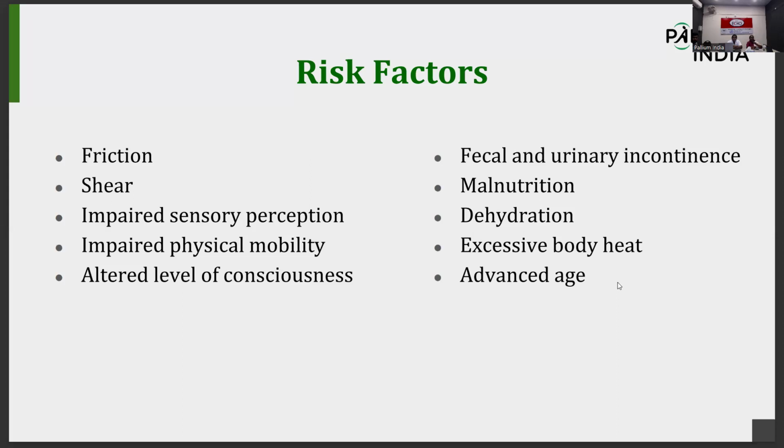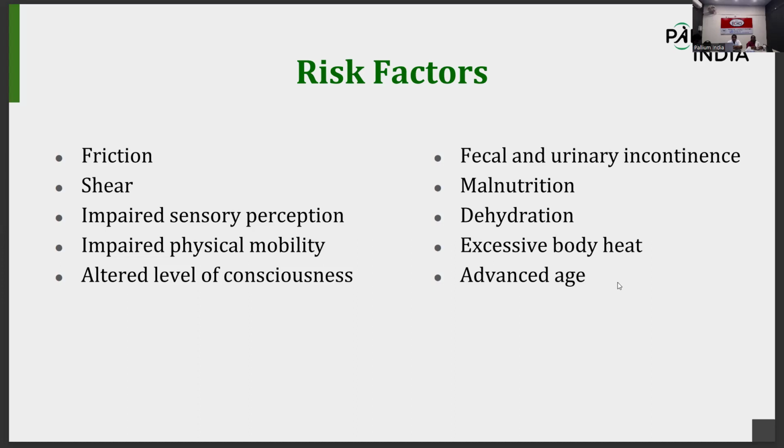Next one is impaired sensory perception. In paraplegic patients, their sensory function will be affected. It will cause impaired physical mobility. It may lead to pressure ulcers or pressure injuries. Next, altered level of consciousness and fecal and urinary incontinence.